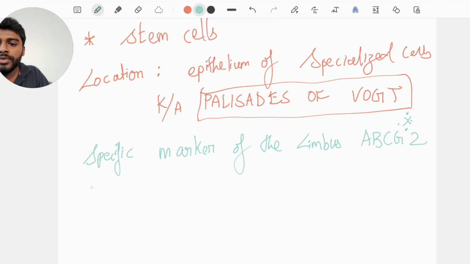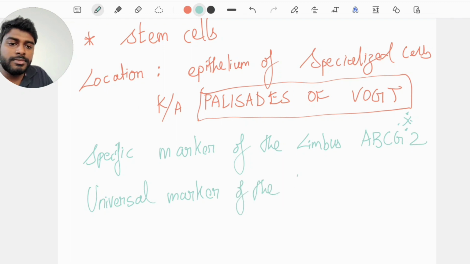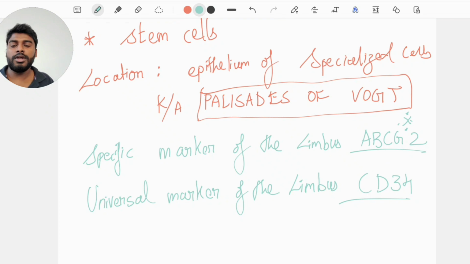And now let's move on with the universal marker of the limbus, which is CD34. So you have to remember both. If they ask you the specific marker of the limbus, the answer is ABCG2, and if they ask the universal marker of the limbus, it is CD34.